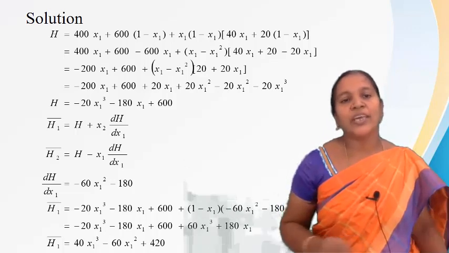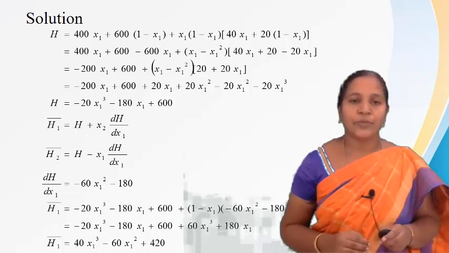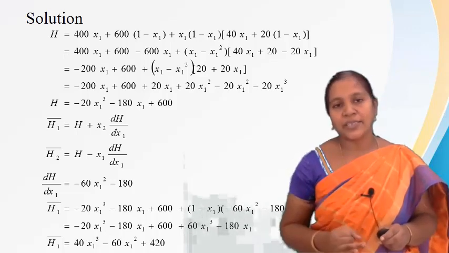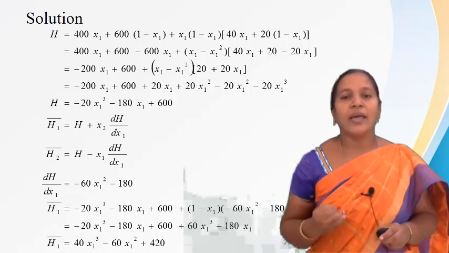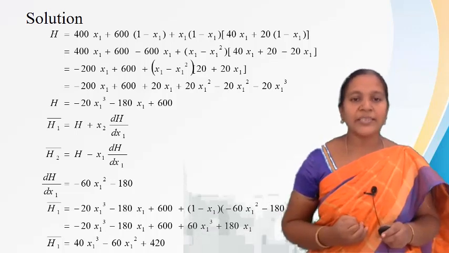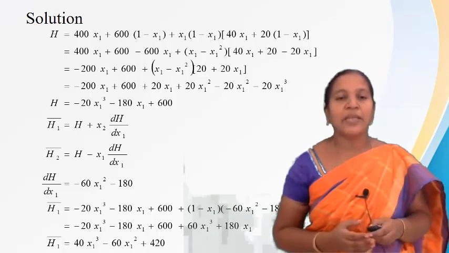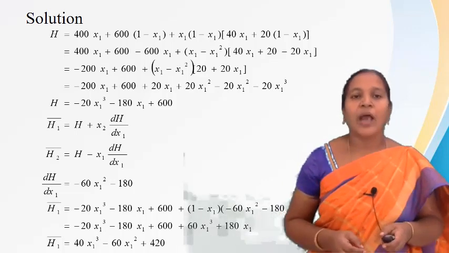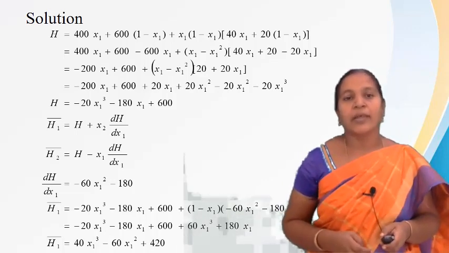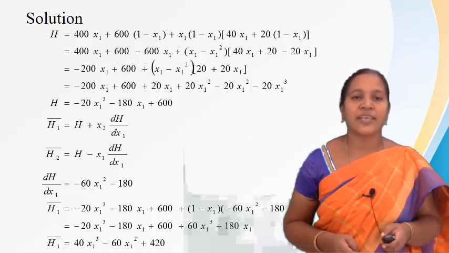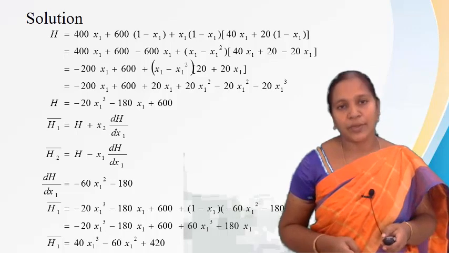Therefore, substitute dH by dx1 in H1 bar. We know the value of H and dH by dx. Then calculate the H1 bar, that is equals to 40x1 cube minus 60x1 square plus 120. After calculating H1 bar, calculate H2 bar by using H minus x1 dH by dx1.